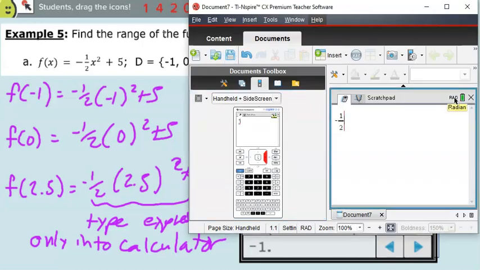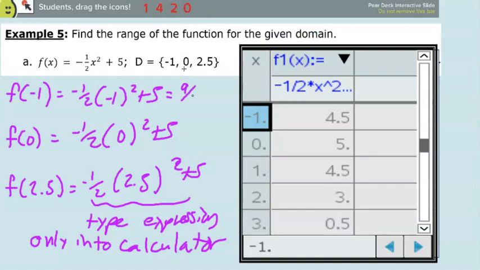So then we have 1/2 parentheses -1 squared, which could be caret 2. Caret is just the little upside down V button. And then plus 5. And then enter. So you have 9/2. And then that's the same thing as 4.5.